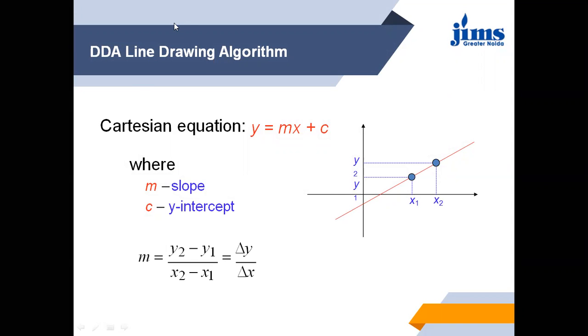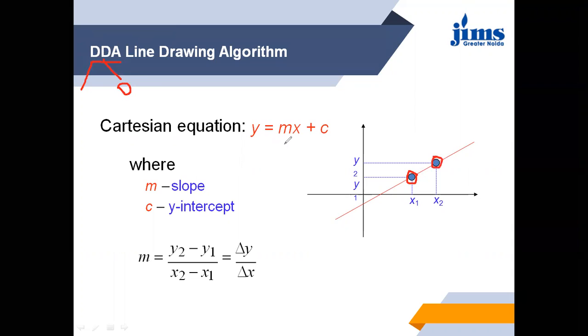When we are discussing DDA, DDA means digital differential algorithm. It is called differential because in this we take the difference of the starting coordinate as well as the end coordinate.